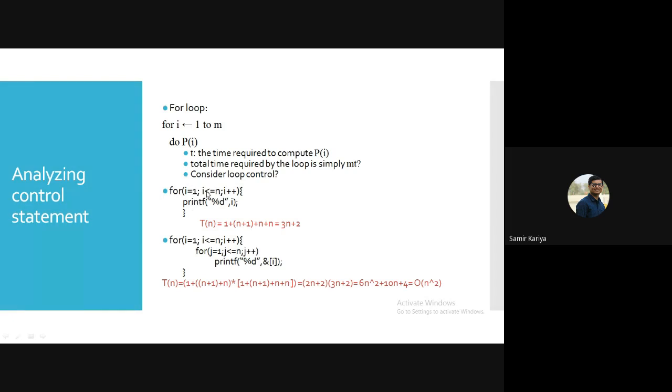Then i less than or equal to n. How many times are we checking this condition? n plus 1 times, because at the n plus 1 time the condition fails and we go out of the loop.